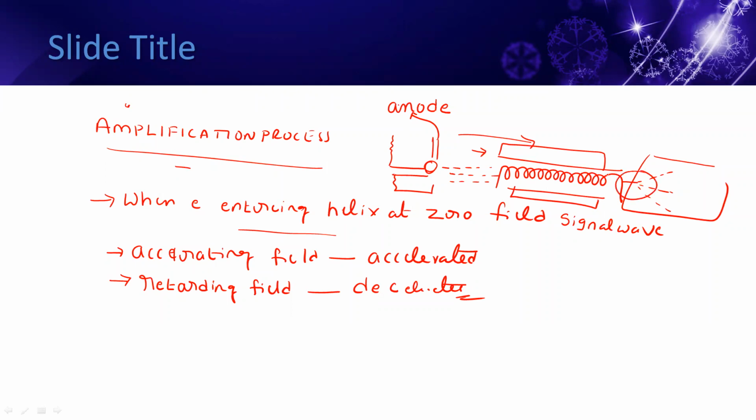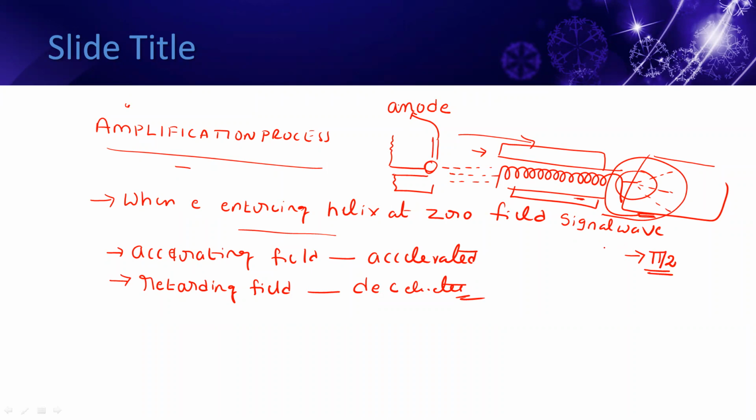As in the previous discussion, the electrons that entered this helix during the zero field are all collected at the collector terminal. Therefore the bunching of these electrons is shifted by the value pi by 2.